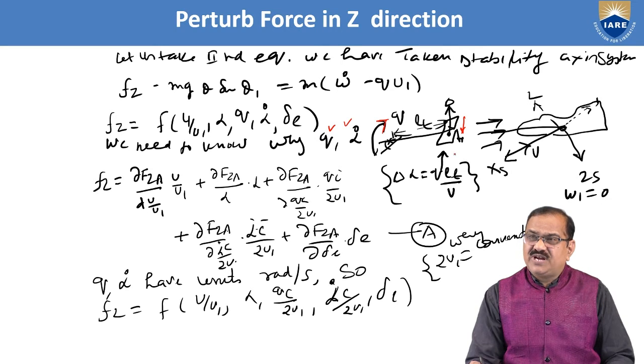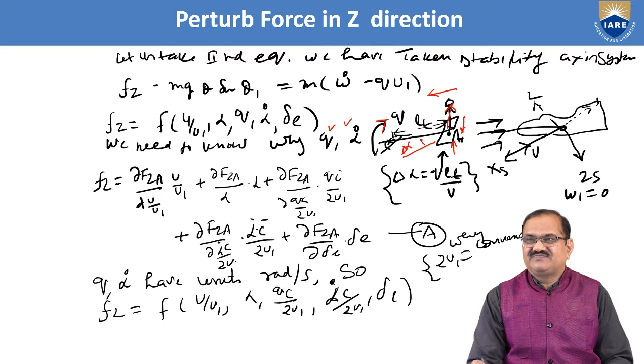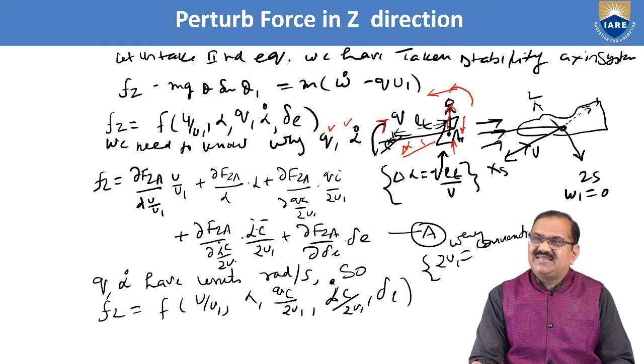When the tail is going down, the relative velocity will be upward, and the aircraft is moving in this direction. So by moving the tail down, a lift force delta L will be generated, and also there is a change in delta alpha, the angle of attack. So this q will generate one force and a moment also, and this moment will be in this direction.